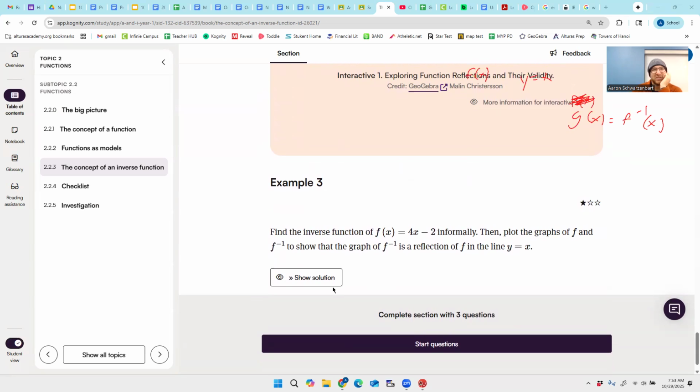So it asked me to do this as a plot. I graph the line 4x minus 2. I get that line, and y equals x. Honestly, what I do is I switch the coordinates. That's how I start.